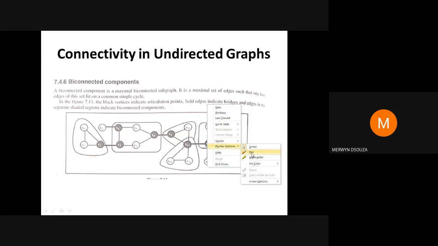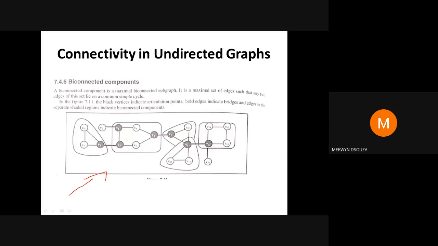If you look at the entire graph's point of view, all these vertices in black are the articulation points. When you look at the entire graph, not just the components, you can see there are around 7 vertices which are in black.